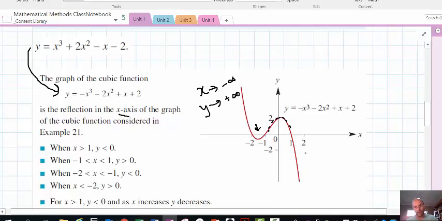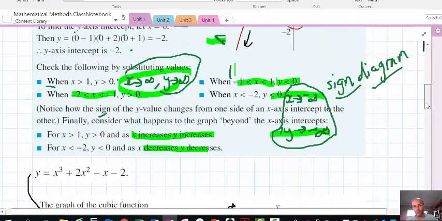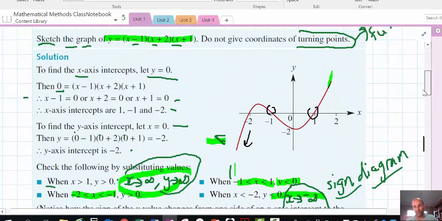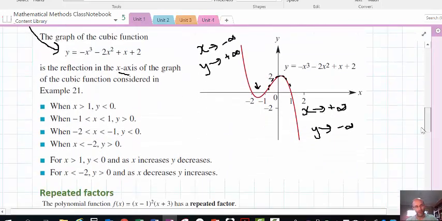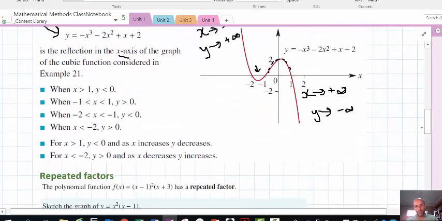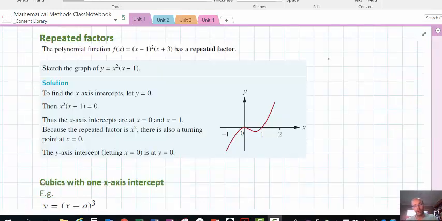And on this one here, as x approaches positive infinity, y approaches negative infinity. Let's compare that with the above. Alright, opposite. Interesting. So that just shows you the effect of a reflection.